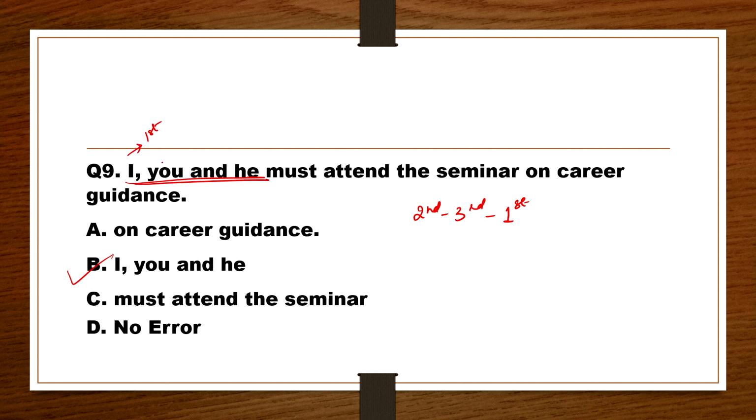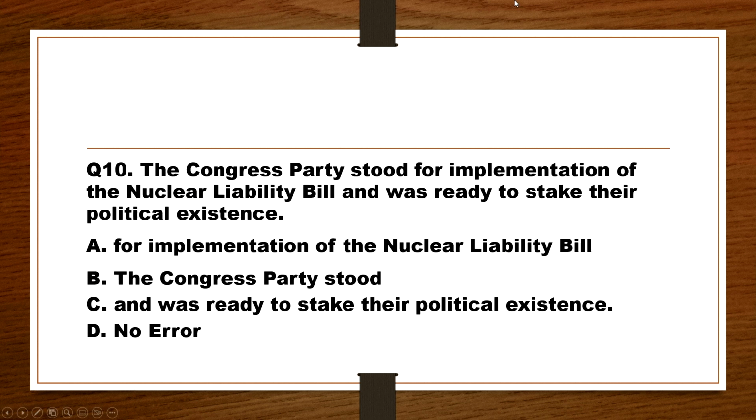First person, second person and third person. So, the correct order would be: you, he and I must attend the seminar on career guidance. Now, moving on, next question.